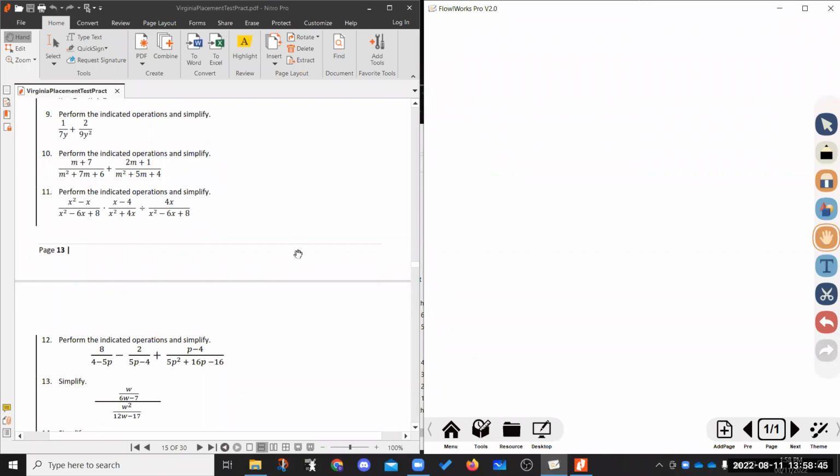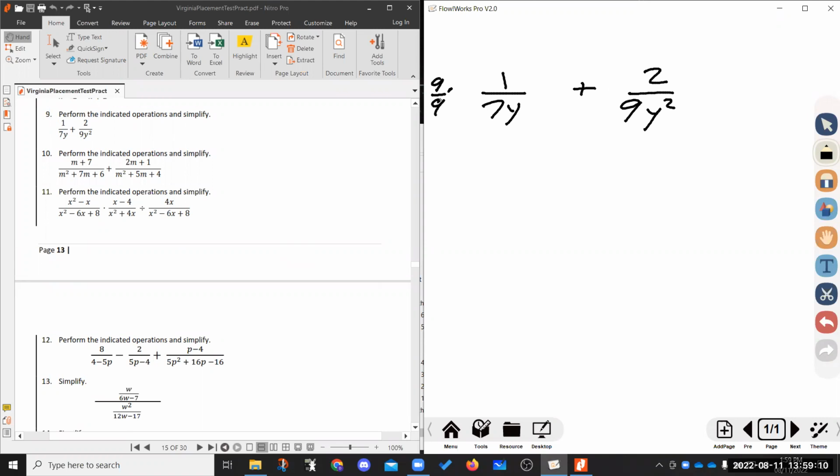Now we're going to add 1 divided by 7y plus 2 over 9y squared. So for the numerical part, I'm going to have to multiply by 9 over 9.